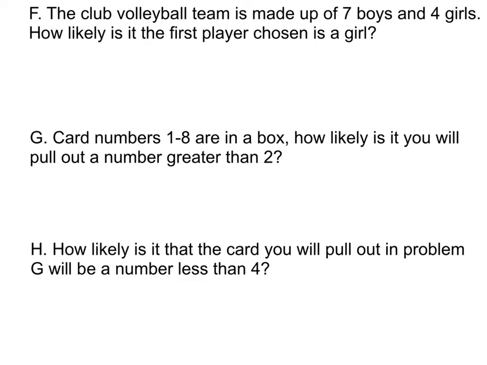A club volleyball team is made up of 7 boys and 4 girls. So total, that's 11 people. How likely is it that the first player chosen is a girl? So we have 4 girls. So 4 out of 11, if you put that into your calculator, it'll give you 0.36 or 36%.